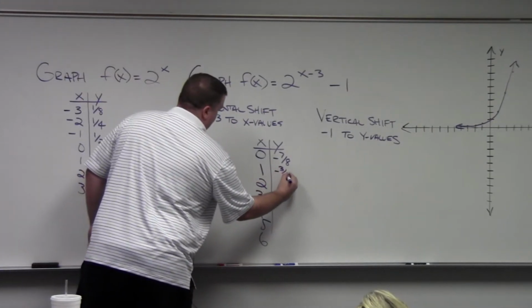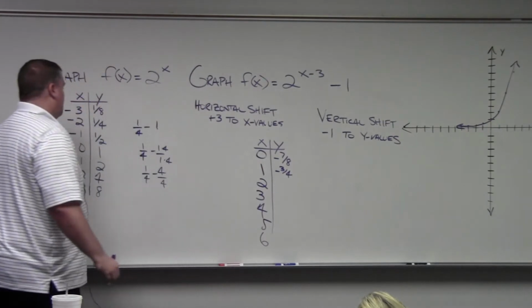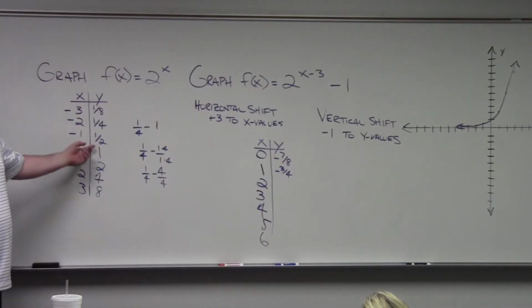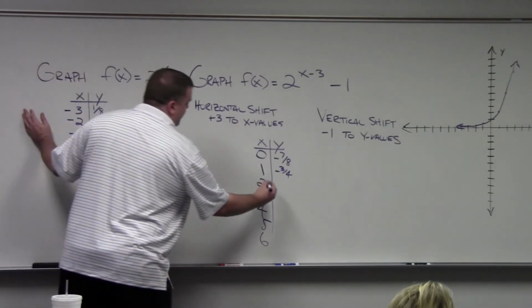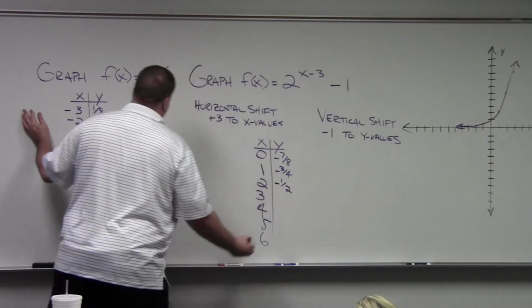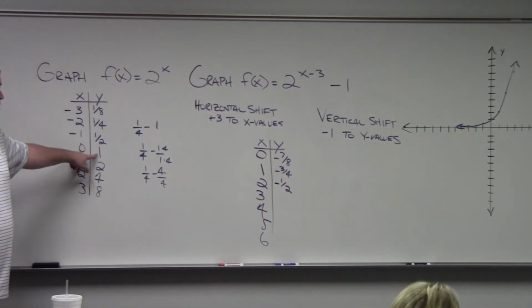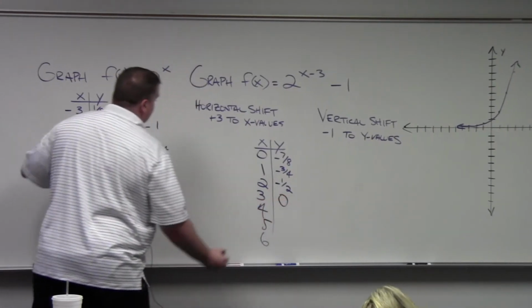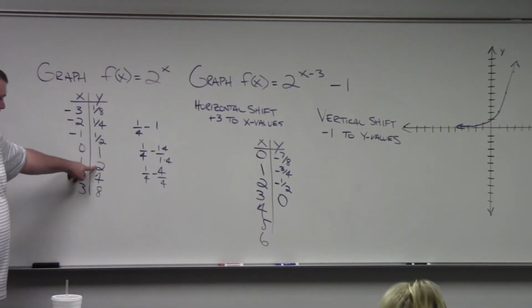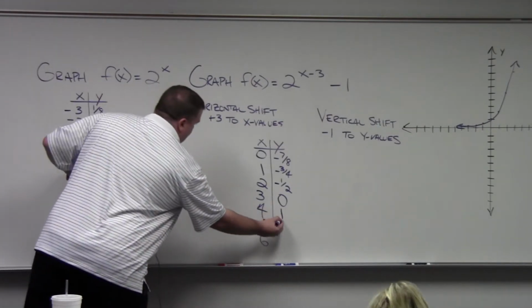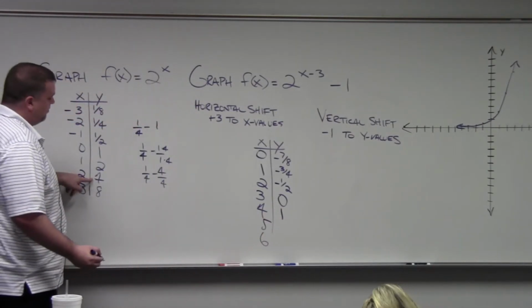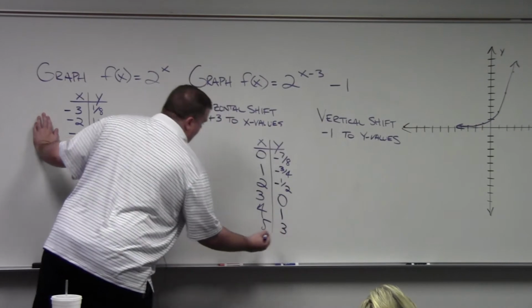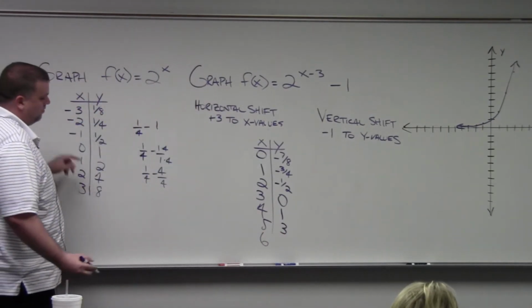Negative 3/4. 1/2 minus 1, you do that, you're going to end up with negative 1/2. 1 minus 1, 0. 2 minus 1, 1. 4 minus 1, 3. 8 minus 1, 7.